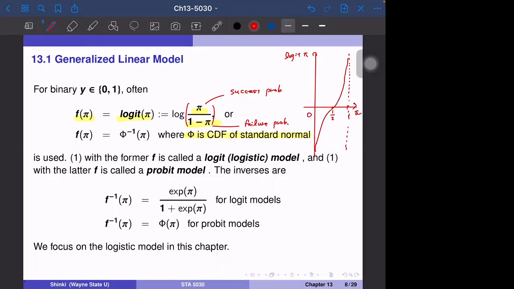So if we think about the inverse CDF of any probability distribution, we can define that function as f of pi. The good thing about the normal distribution is that it has a more natural statistical or probabilistic interpretation. The downside is that phi inverse does not have a specific analytic form, so it's not as easy as calculating log of pi over 1 minus pi.